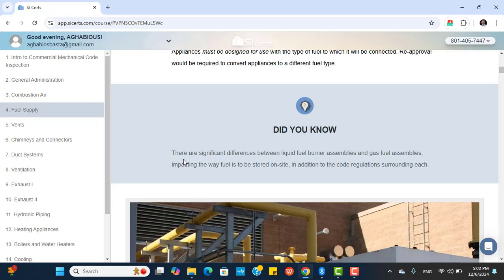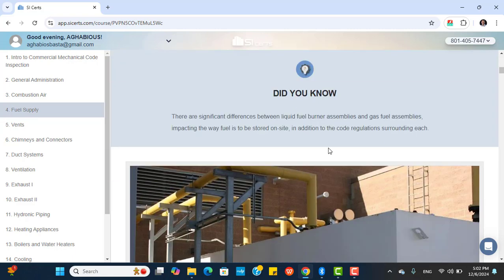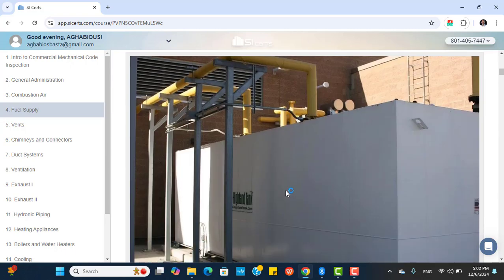Did you know there are significant differences between liquid fuel burner assemblies and gas fuel assemblies, impacting the way fuel is to be stored on site, in addition to the code regulations surrounding each?